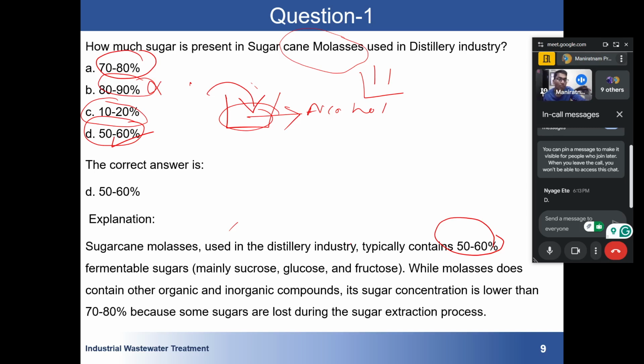For example, in Kanpur there is one college, a sugar college, that deals with and produces molasses. Once, for one of our lab experiments, we needed molasses.